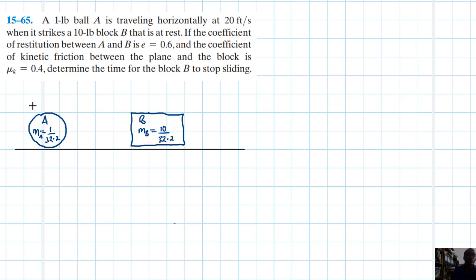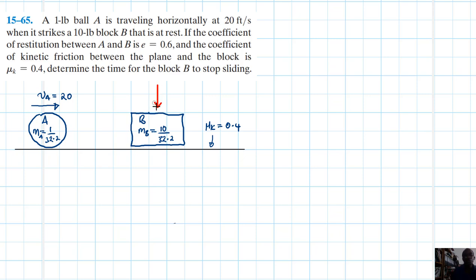Of course, we have velocity in this direction, and our V here is just equal to 20 feet per second. Then we have mu k, the kinetic friction, which is just 0.4. What else do we expect here?